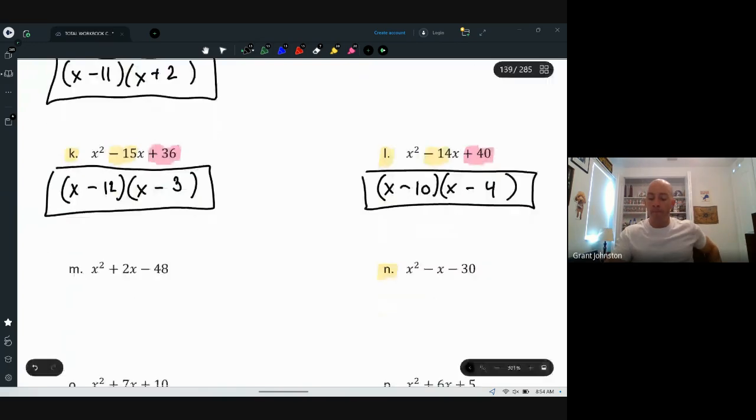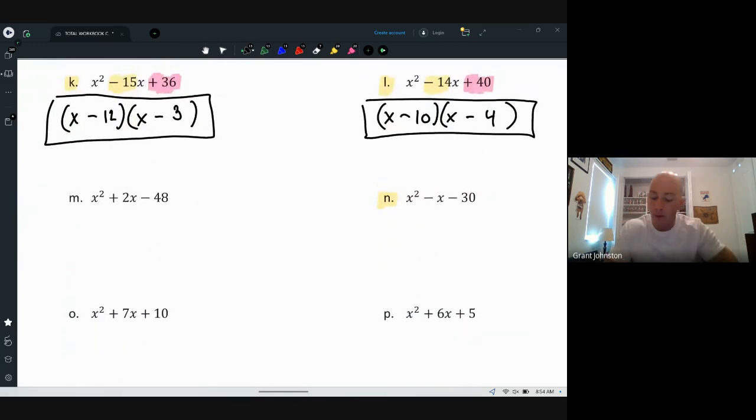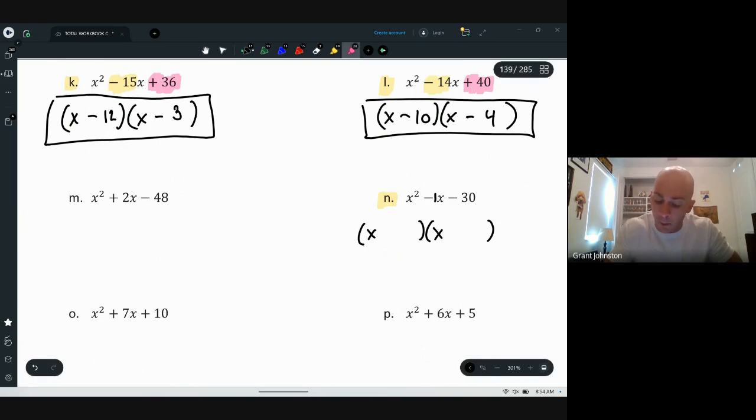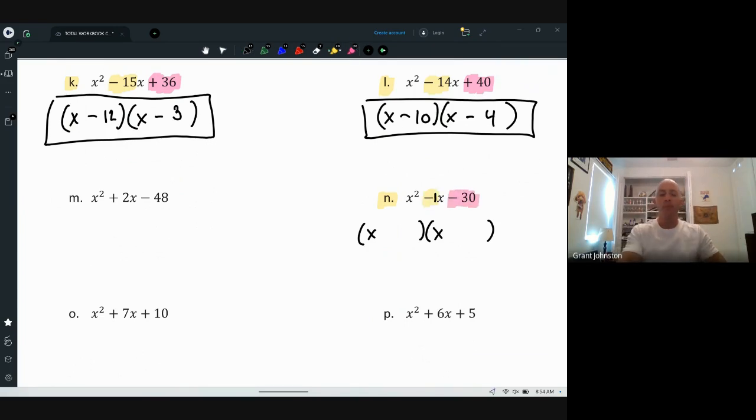Let me show you one more. Now on this, remember, this is like a coefficient of 1 when it's not there. So this we're going to multiply to negative 30, yet add to negative 1.